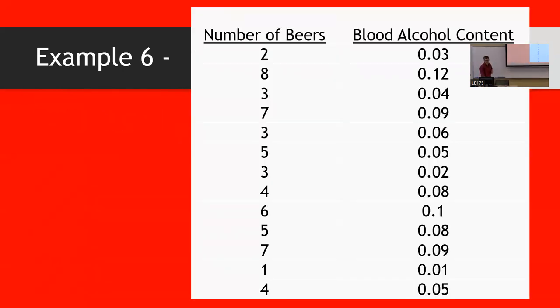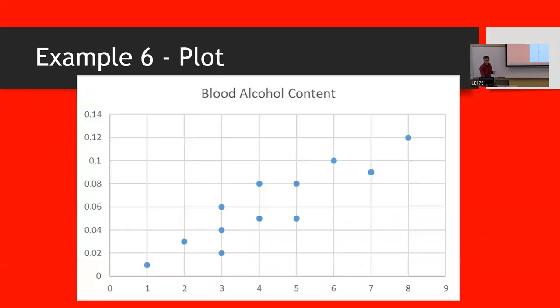We looked at the beers and the blood alcohol content, and we said, well, this one, the growth is pretty steady as I go left to right. Since we have pretty steady growth, that's probably a linear function. Obviously, it doesn't look like a perfect line.